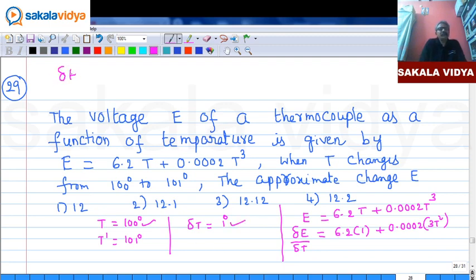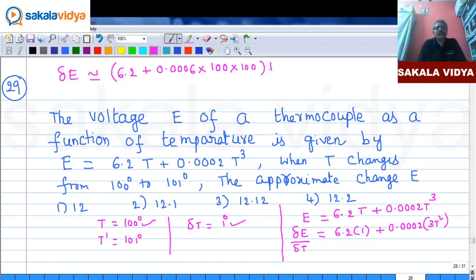Now, delta E approximately equal to 6.2 into 1, 6.2 plus 0.0006 into T square. T square means 100 into 100, into delta T is equal to 1 degree.